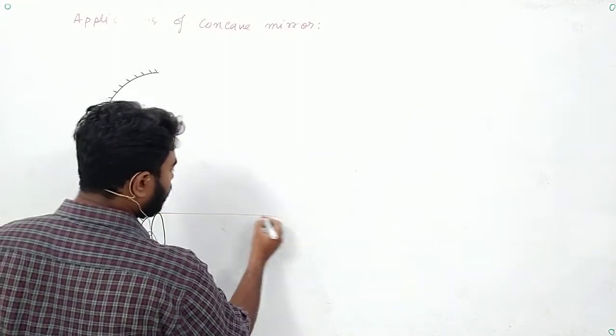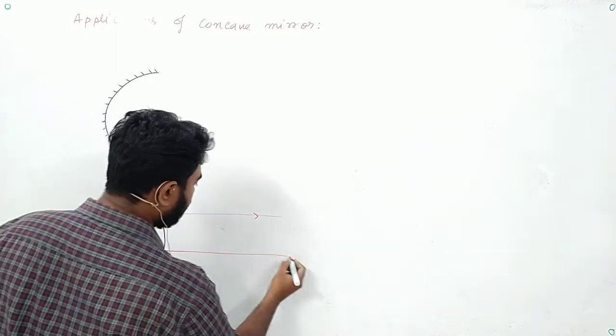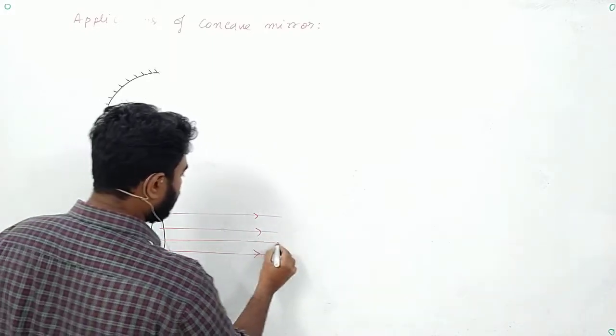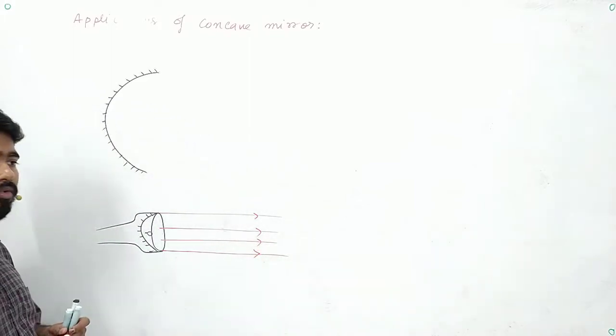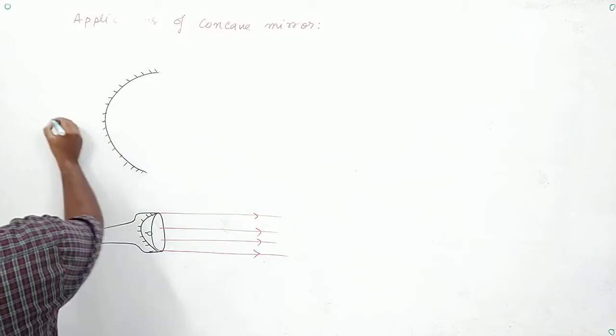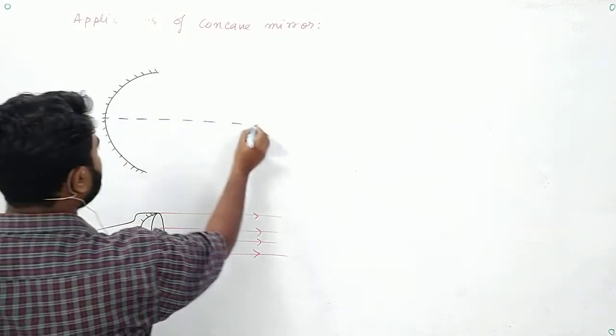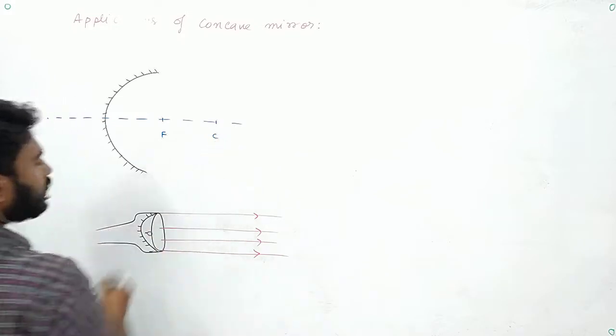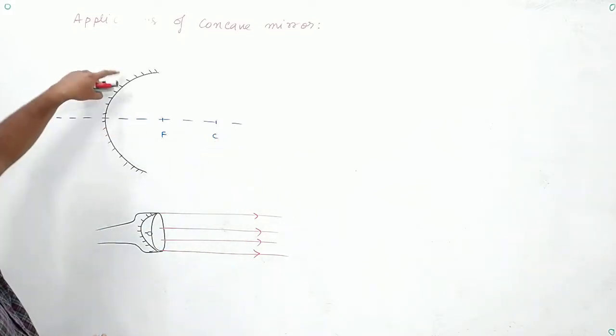You get a parallel beam of light from the torchlight. Now how do you get that? For that, suppose this is the focus, this is the center of curvature of this concave mirror.